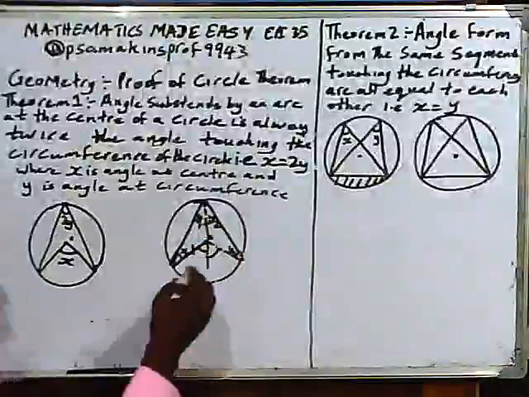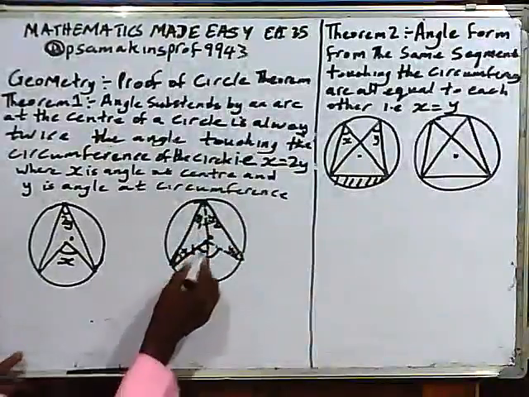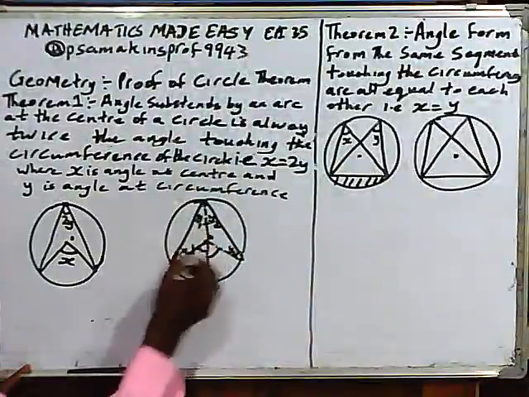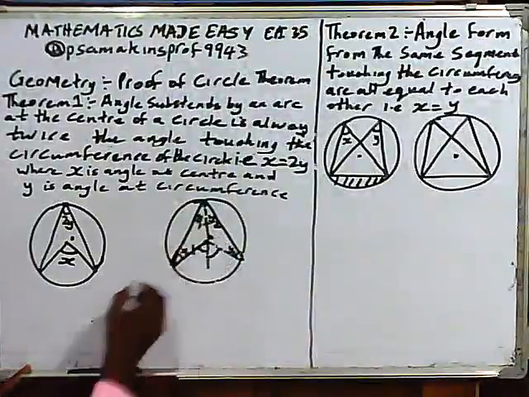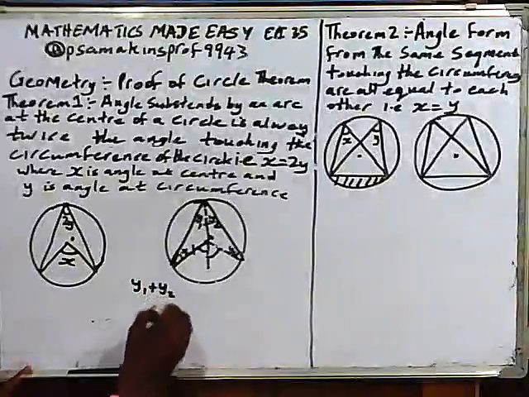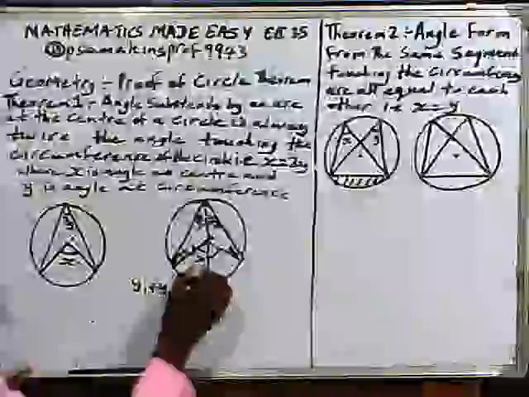But we are now saying that at this end here, exterior to interior, y1 plus y1 equals, let's assume that it is x1.